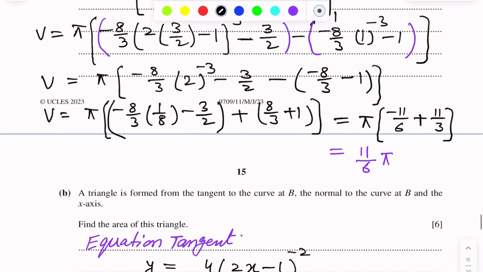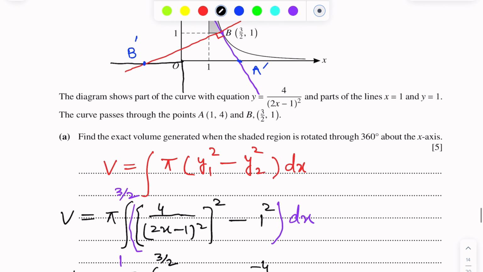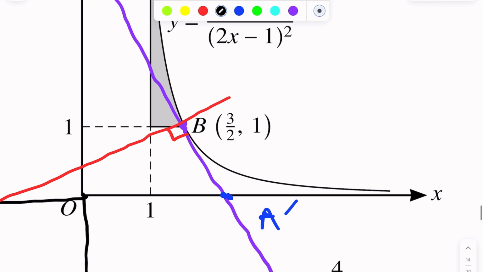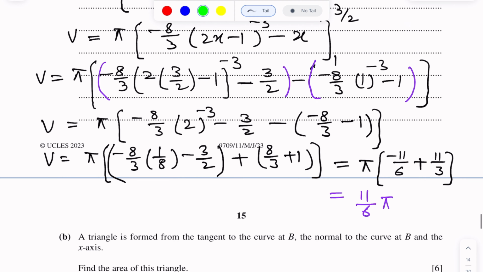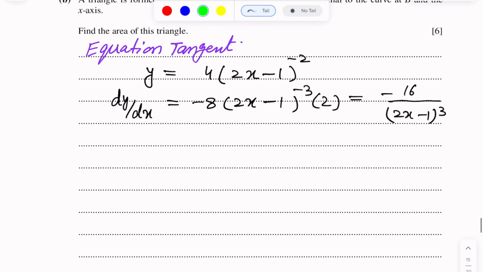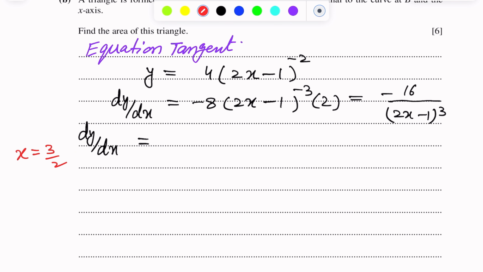Now at point B, the x coordinate is 3 over 2. So putting here the value of x, 3 over 2, we get the numerical value of the gradient dy over dx at x is equal to 3 over 2.